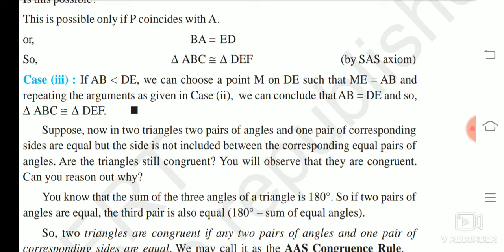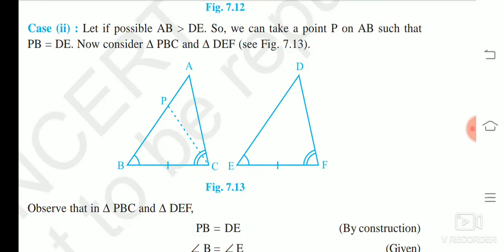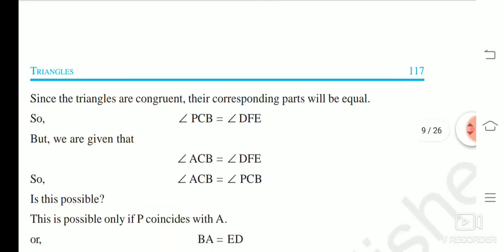Here you put M on DE, draw a dotted line in the triangle DEF and start the same argument as case 2. That's the difference: in case 2 you introduced a point P in ABC, and in this case you introduce a point M in the triangle DEF, and continue the same argument. You can tell the two triangles are congruent.